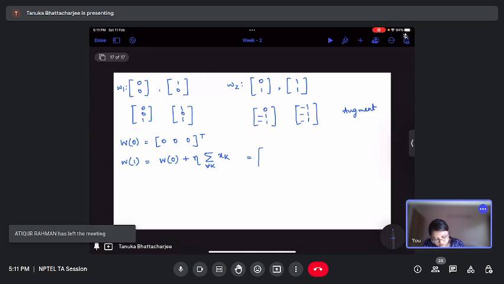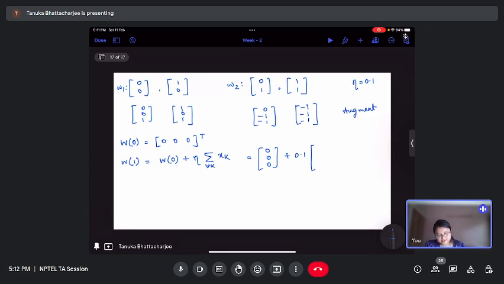So, you have 0 0 0 plus eta, let us say we take eta equal to 0.1, and the sum of all of these. So, you have 0, minus 2, 0. So, your first update of the weight vector becomes this. So, after iteration 1, this is your updated weight vector.